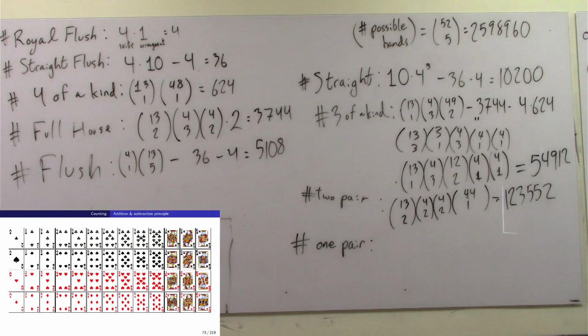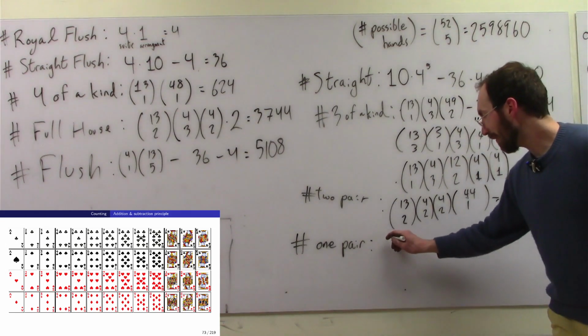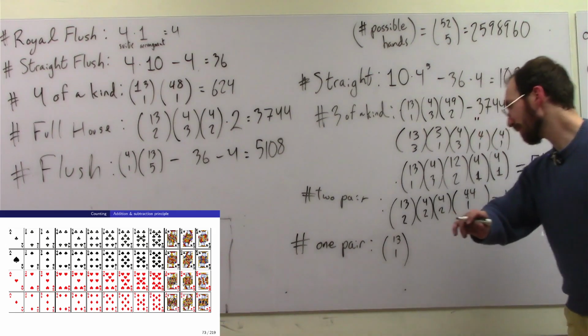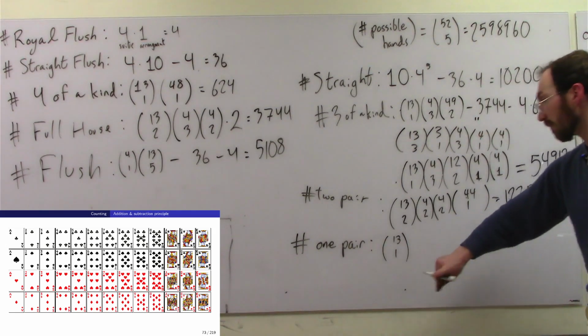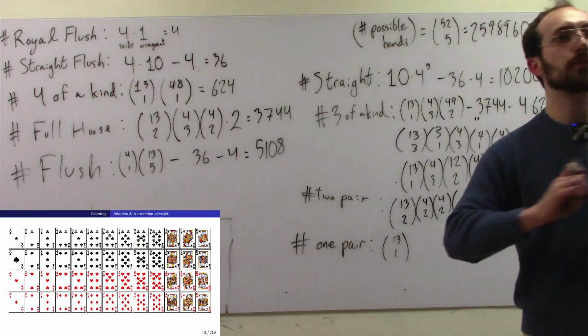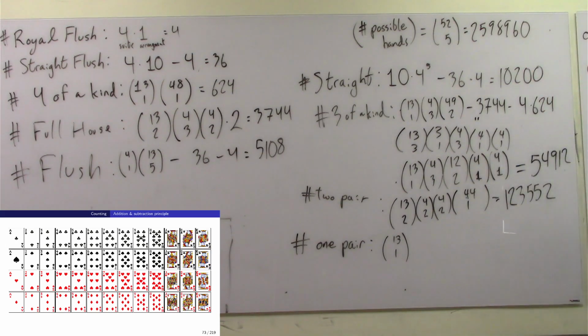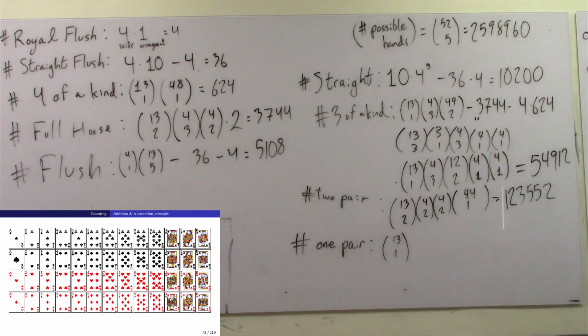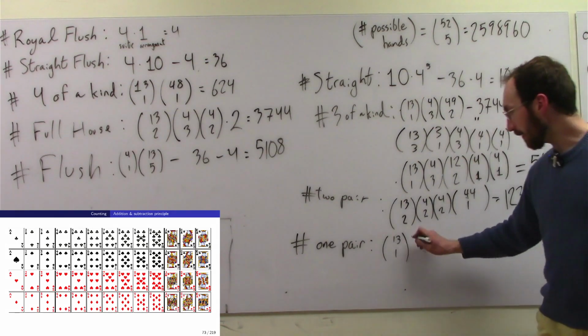So for 1 pair, let's choose our rank. By 1 pair, do you just mean like high card? Is that it? 1 pair, like two aces, 2 threes. No, thank you for asking. 1 pair means 1 rank shows up twice in my hand.